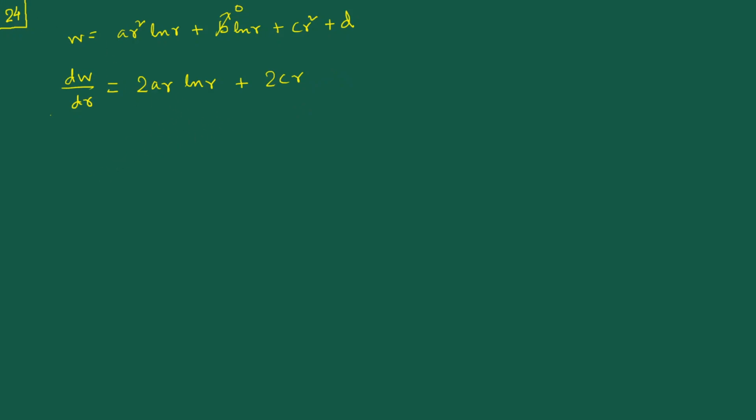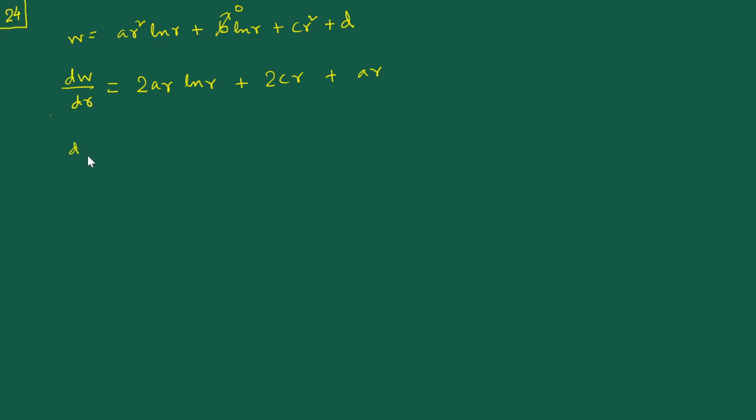I think I made a mistake here. I need another term here because this actually involves the r square ln r. So I need to write this as E/r also, because this ln r would be contributing a 1 by r.